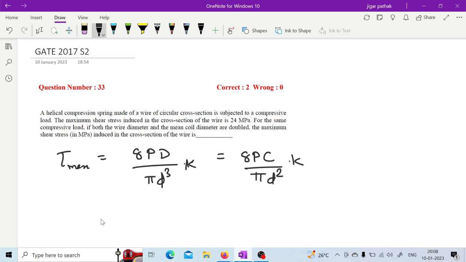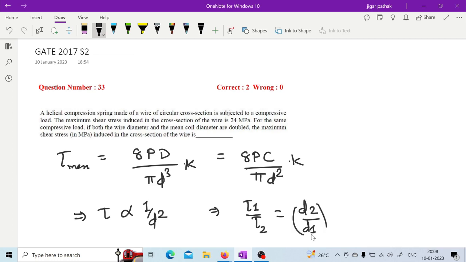So here tau is inversely proportional to the square of the coil diameter. Basically tau 1 by tau 2 is equal to d2 by d1 square.